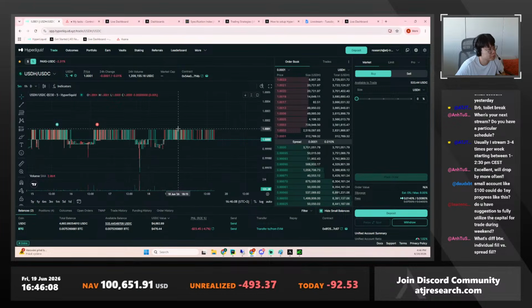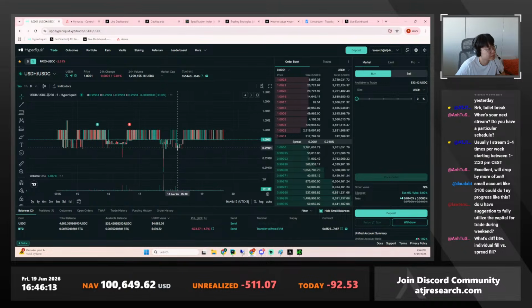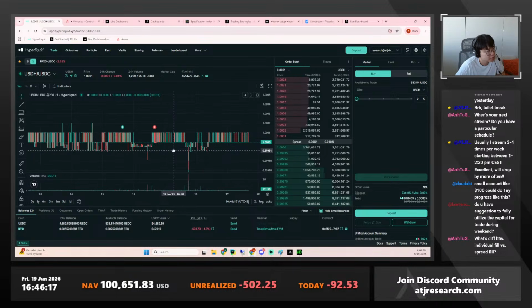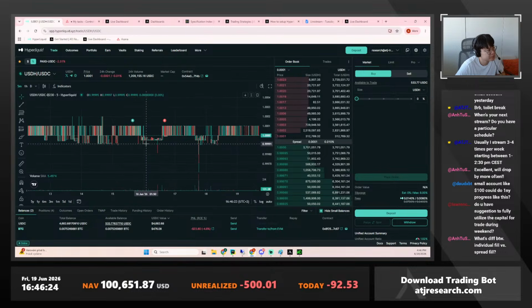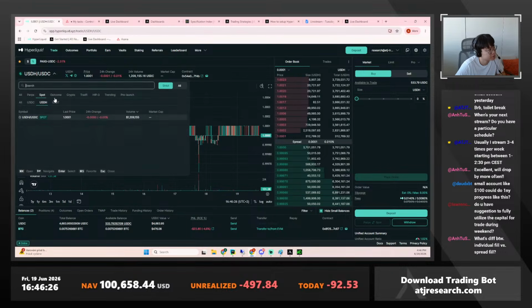So you sell for 1.001 and buy for 0.9999. I don't know what the performance of the strategy would be, right? So I'd have to check or test it. It's similar to my USDC USD market making bot on Revolut, so it's the same concept.